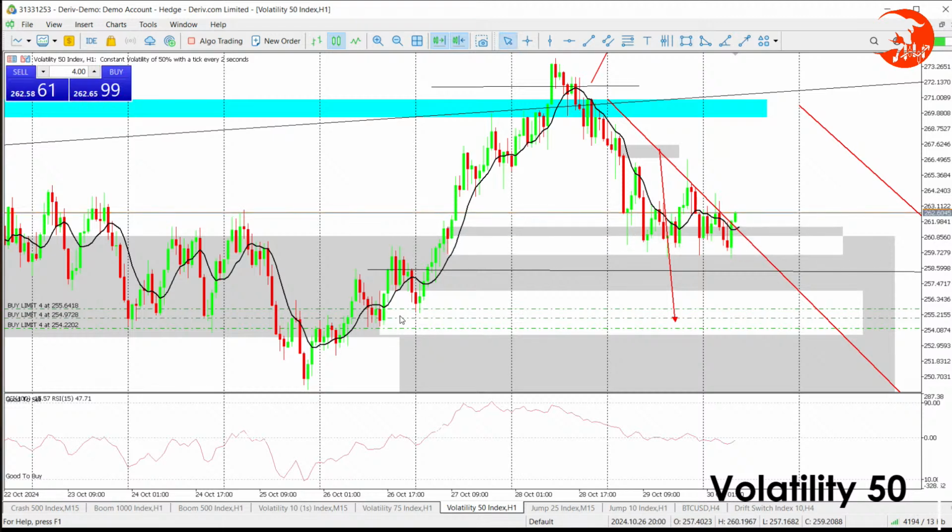Reached that OB on H1. That's where it reacted from. Now if it reacted from there, and we clearly see that it is still in the middle, that only tells us that we are going to see more of sales.